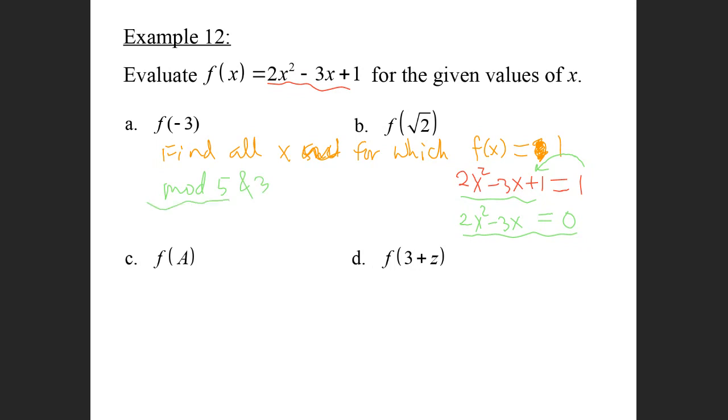Use your calculator, mode 5 and 3. They will ask you for A, B, and C. A is the coefficient of x squared, which is 2. B is the coefficient of x, which is minus 3. C is the free term, which does not have any x, 0.